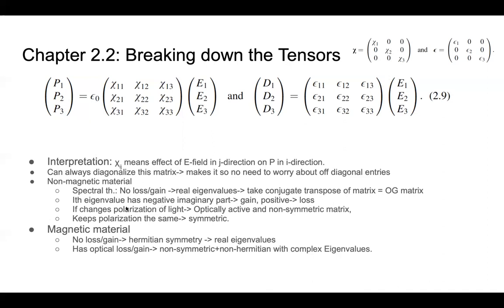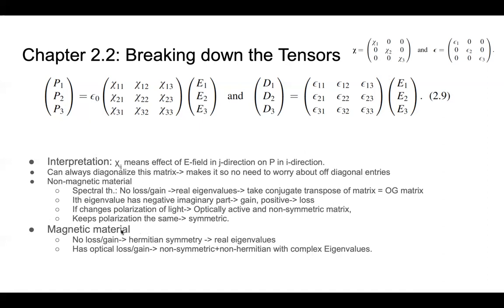If it changes the polarization of light, it means it's optically active, and you get a non-symmetric matrix. If it keeps the polarization the same, it's symmetric. So if you're building a wave plate, you want something that's optically active, and so you'll probably get a non-symmetric matrix.